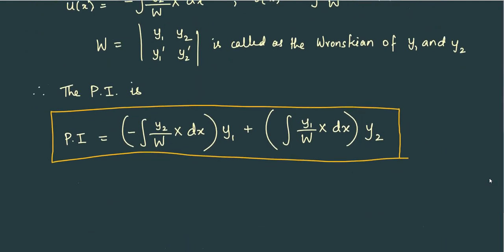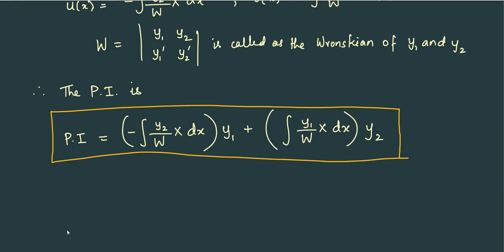So this is the method of variation of parameters. We take the complementary function, change the parameters c1 and c2 into functions, and find those functions u and v such that u times y1 plus v times y2 becomes the particular integral. So this is how we find u and v.